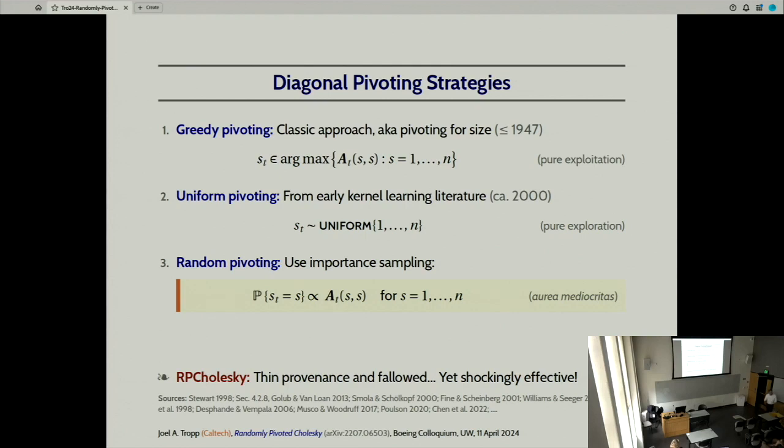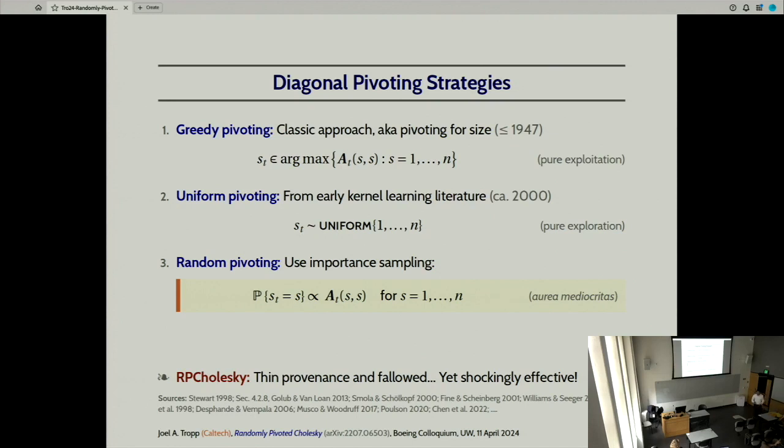So this is the matrix we still need to approximate. We'll make a probability distribution out of the non-negative entries of its diagonal, and we'll just sample a column from that distribution. So it takes seriously the idea that small columns are not informative, but at the same time, big diagonal entries might or might not be helpful. Okay? So it allows us to balance exploitation and exploration to hopefully produce a better approximation.